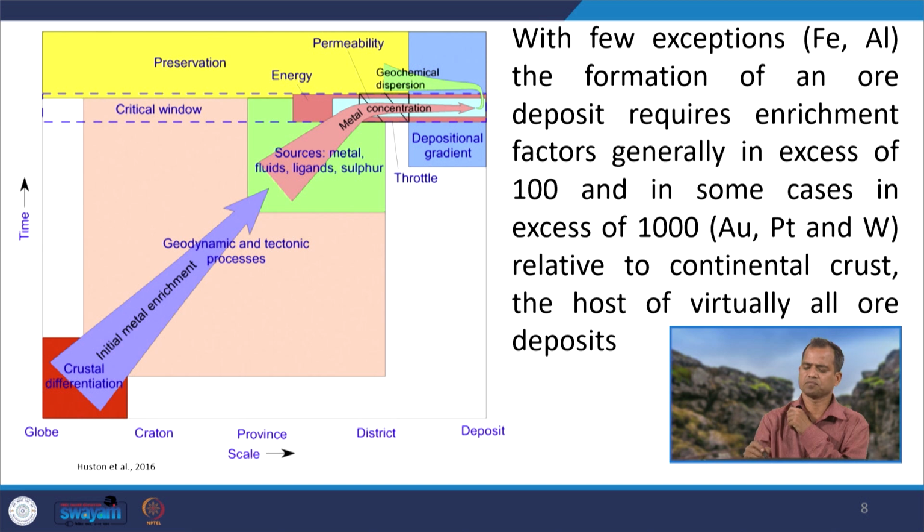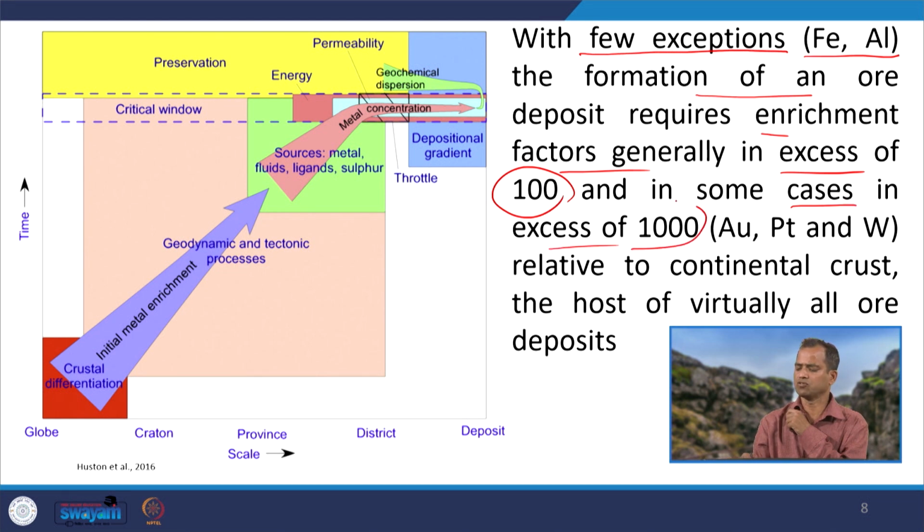For example, with few exceptions, iron and aluminum, the formation of an ore deposit requires an enrichment factor generally in excess of 100, and in some cases in excess of 1000, like platinum and gold, relative to continental crust, and the host is virtually all ore deposits.